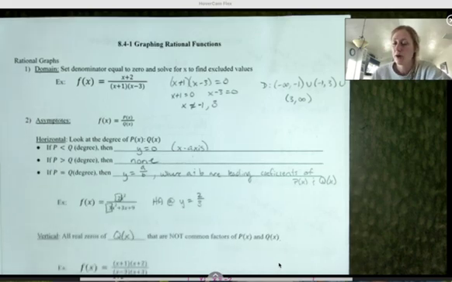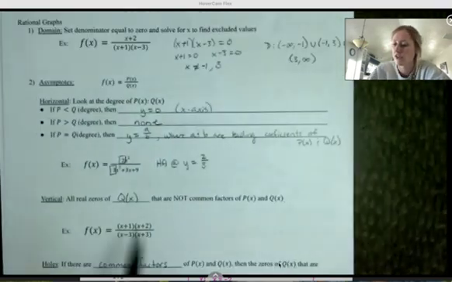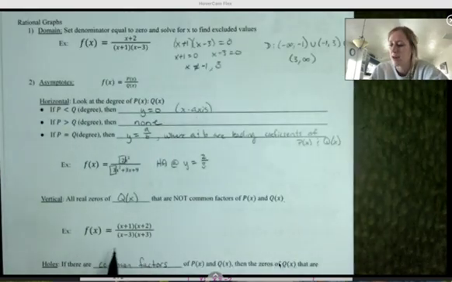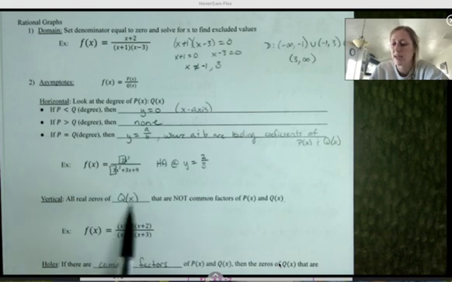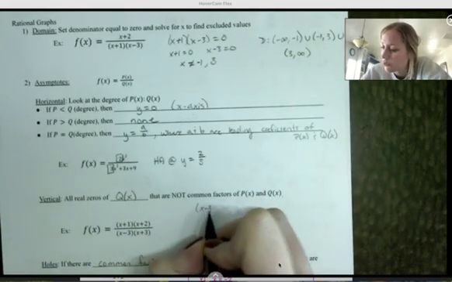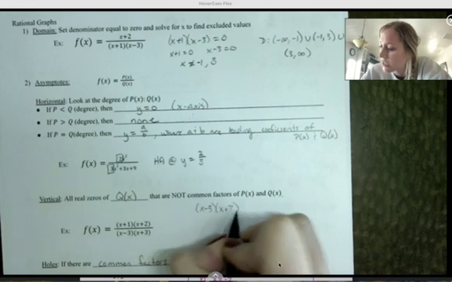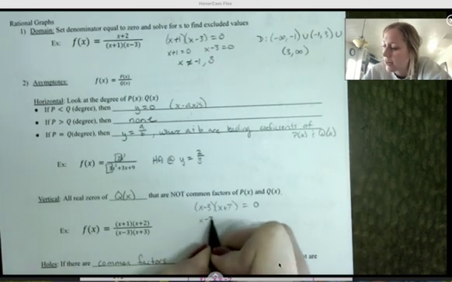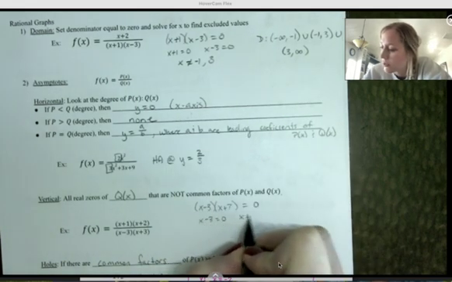Okay, we also often get vertical asymptotes with rational functions. This is where my denominator equals 0. So I only look at q of x and I ask myself what would make the denominator equal 0. Here, again, you can set them equal to 0 if that's helpful. So x minus 3, x plus 3, if you set that equal to 0, same thing, you can set up two separate equations.